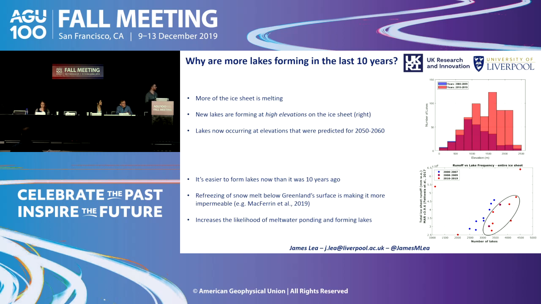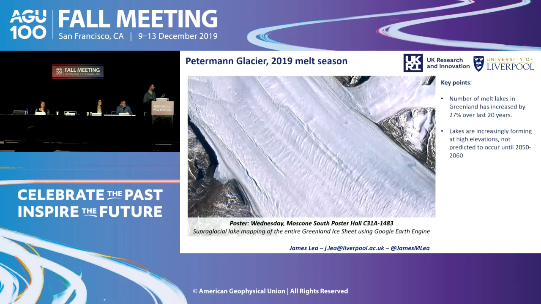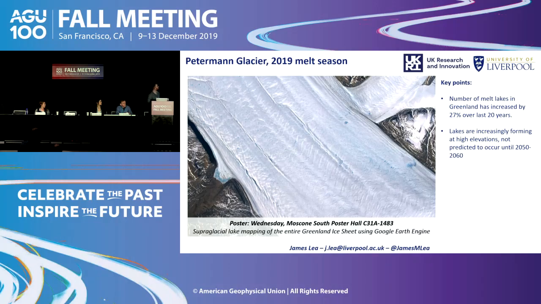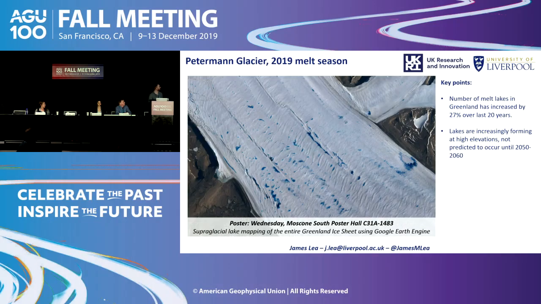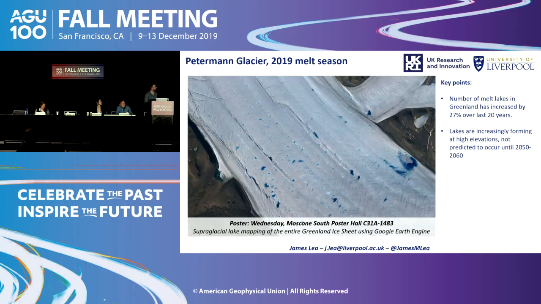And this is likely due to some work that was published recently, presented this morning by Mike McFerrin, on increased refreezing of melt within the subsurface of the ice sheet. So just to summarize, with a nice video of Peterman Glacier for the 2019 melt season: the number of lakes in Greenland has increased by around a quarter over the last 20 years.